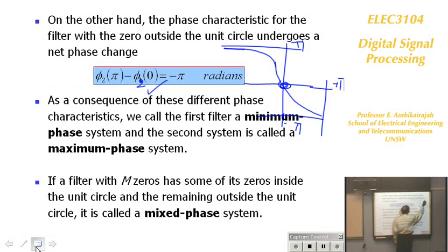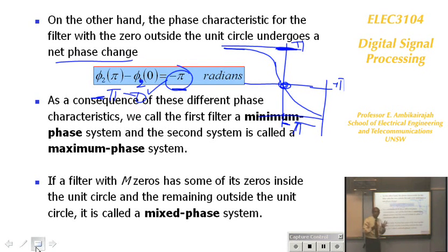Find out the phase at pi, which is, sorry, at that point it's minus pi here. So minus pi minus 0 is minus pi radians. So what's the net phase change? That's what we are trying to find. What is the net phase change it goes through? In this case, it goes through minus pi radians.